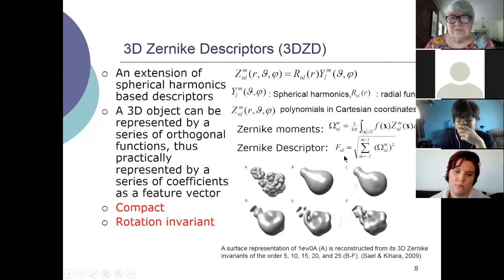So I was wondering if there's a particular benchmark for when you create these Zernike descriptors to start as a search model. Okay, you mean the length of the vector.